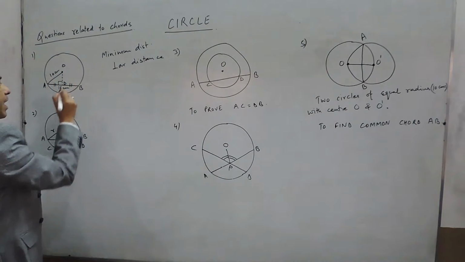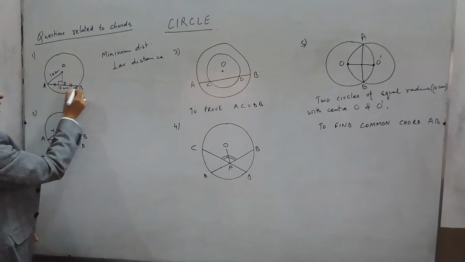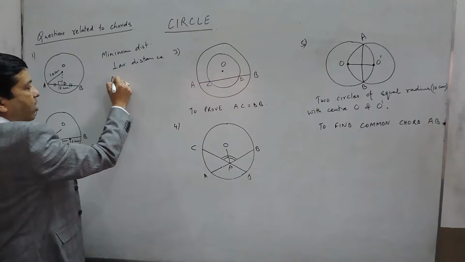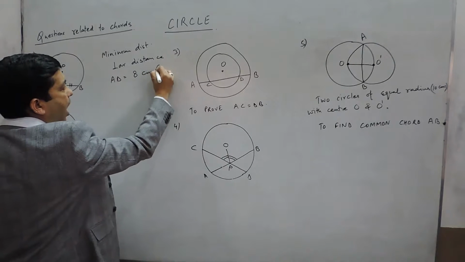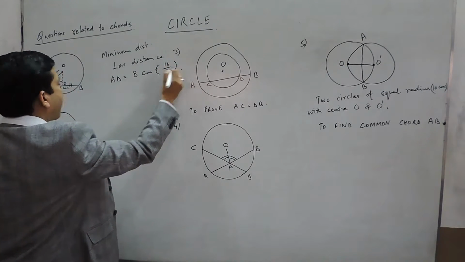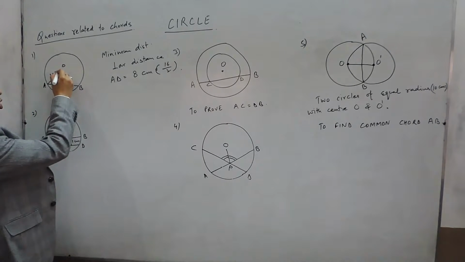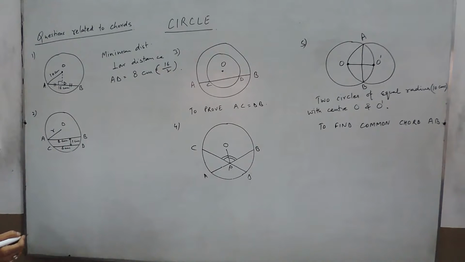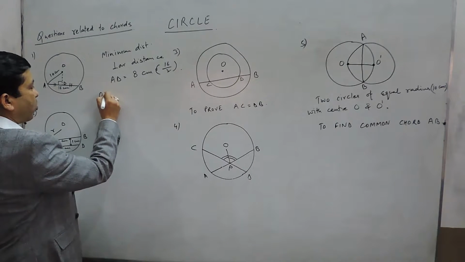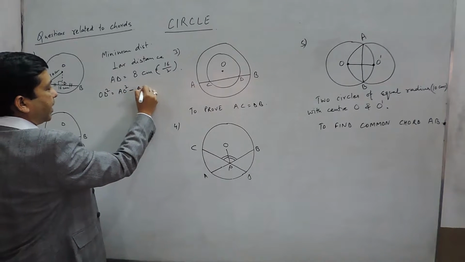We know that AD and DB are both equal, as the perpendicular passing through the center must bisect this chord. So the value of AD is equal to 8 centimeters, which is half of 16. We already know that the radius is 10 centimeters. So this is a right angle triangle in which we can apply the Pythagoras theorem, and OD square is equal to AO square minus AD square.